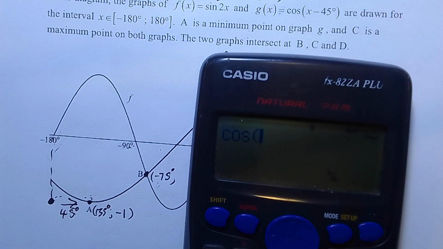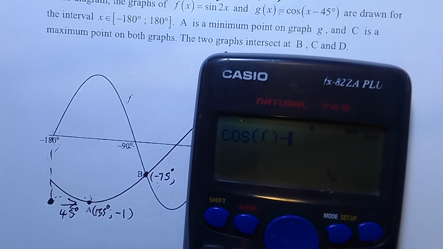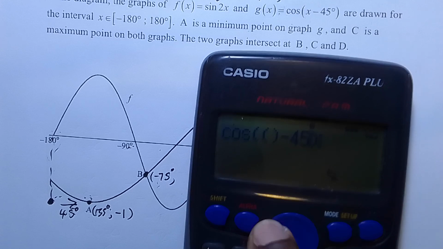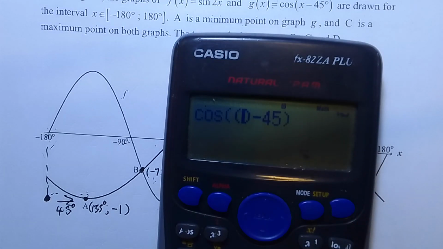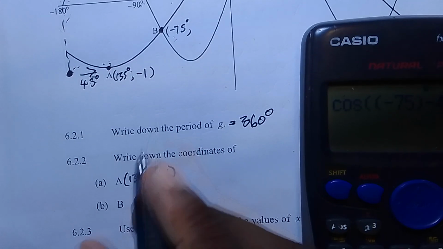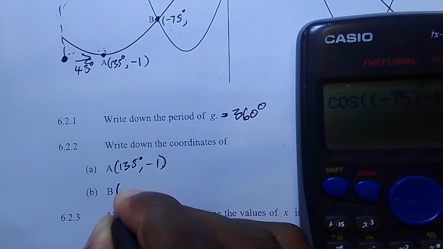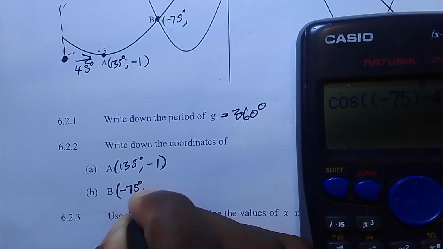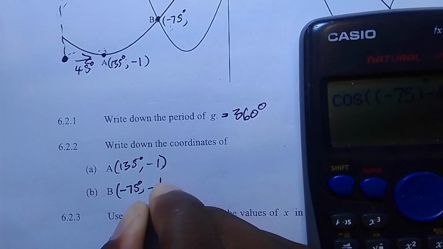So let's substitute it into cos(x - 45). You see, now adding -75, we're getting -1/2, which means our answer is correct. So the first coordinate is -75 degrees, and the second one is -1/2.